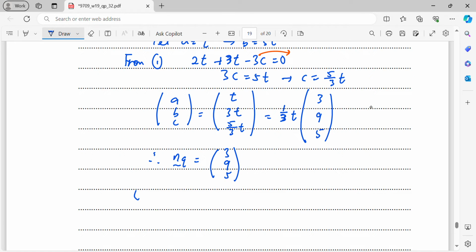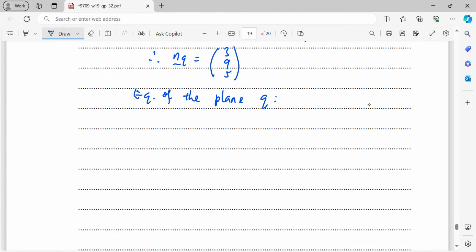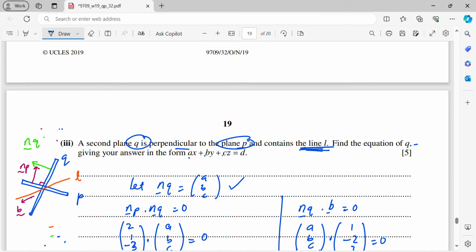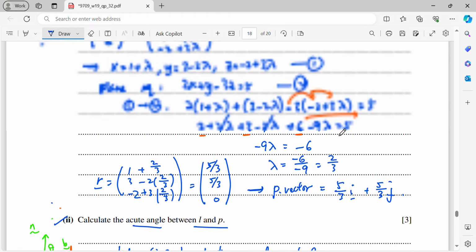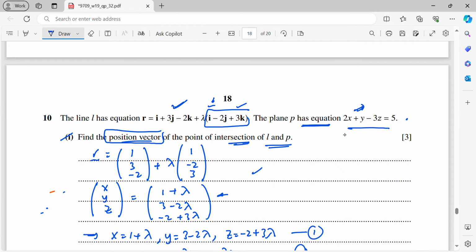Alright, now at last, the equation of the plane Q, that is x, y, z. I will start with the formula first. That is r dot n equals a dot n. So my r you change to x, y, z because you are getting the Cartesian equation. So (3, 9, 5). Then the a is the point on the plane. Since your plane has line L, then I can just take the point on the line L. That is (1, 3, minus 2).